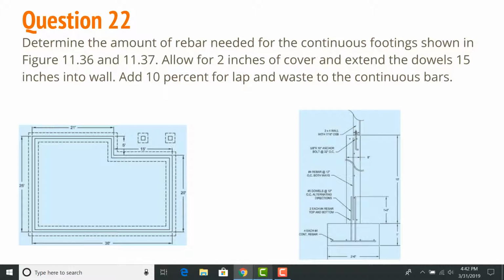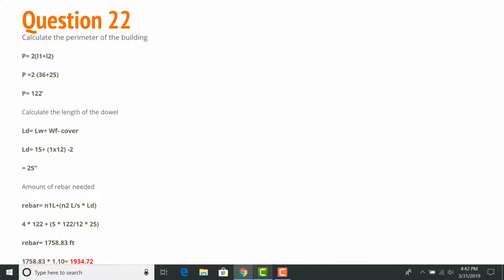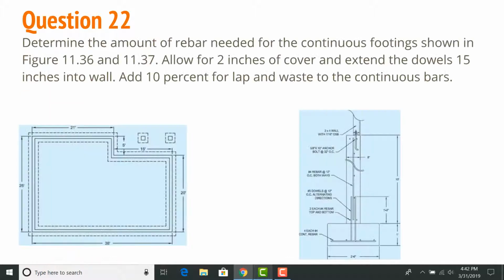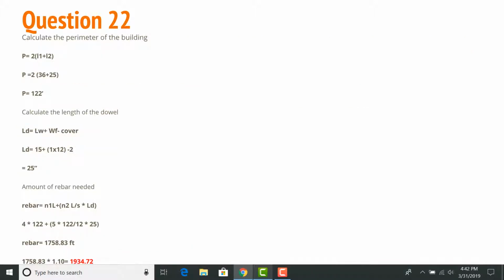So the first step was calculating the perimeter. The perimeter of those, again, one side is 25 and the other side is 36, and then multiply by 2, which is 122. We got that answer from the last problem.